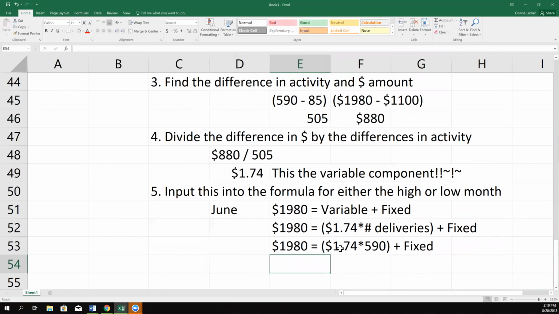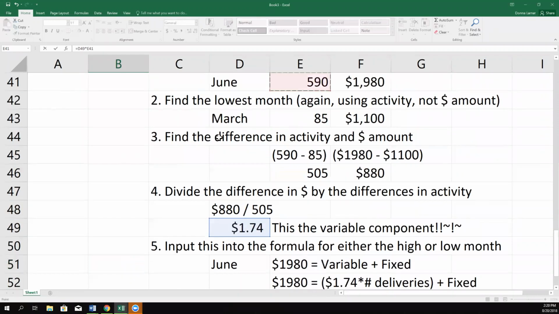But one thing I need to do is $1.74 times 590. And I'm going to come back up to this formula here. So it's really going to be $1.74 with all the decimal places on it. And I have my 590.